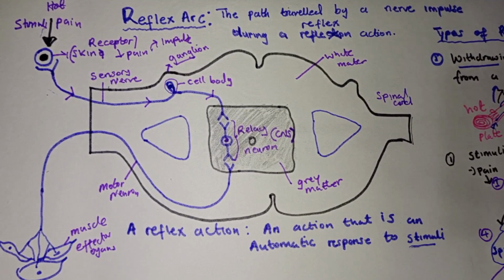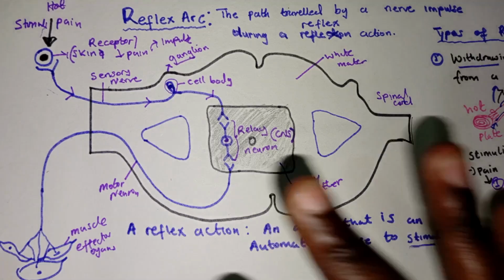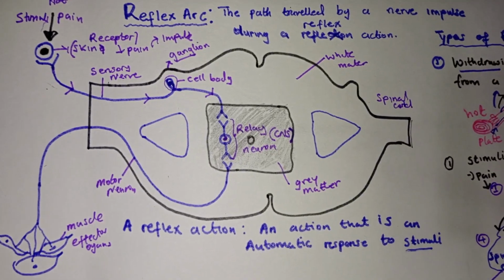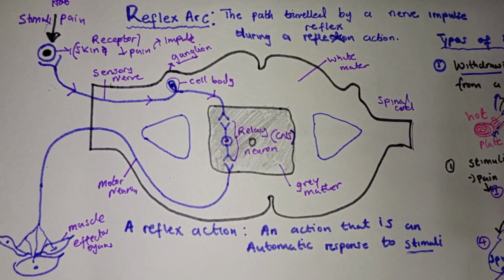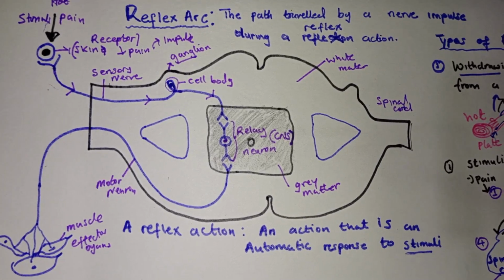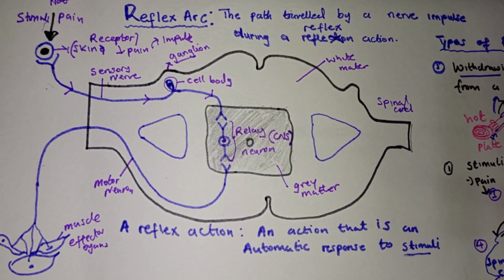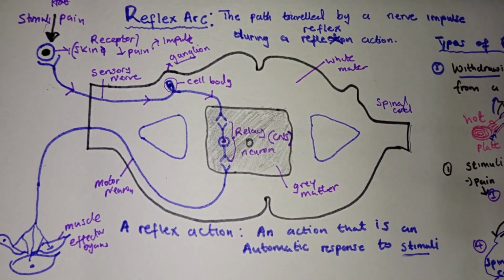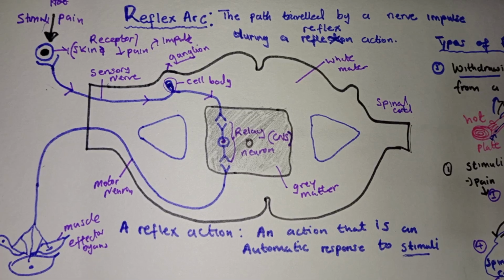There are many examples you can give, for example a knee jerk, but just to keep it simple and short, this is what is happening, and that is the reflex. It's called the reflex arc, just a path that shows you how the nerve impulse travels during a reflex action.